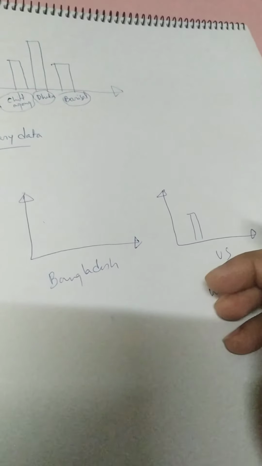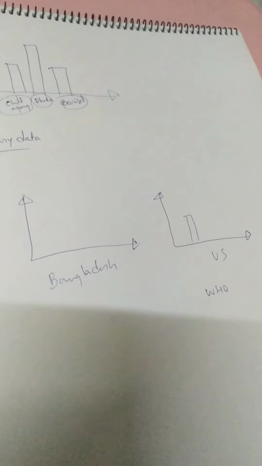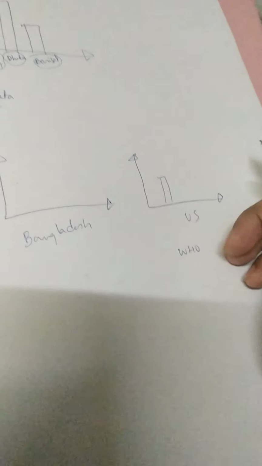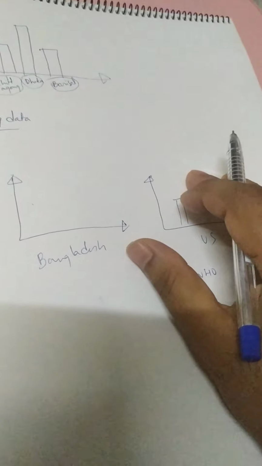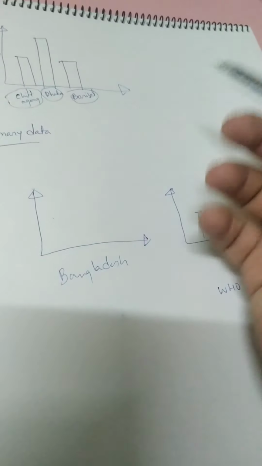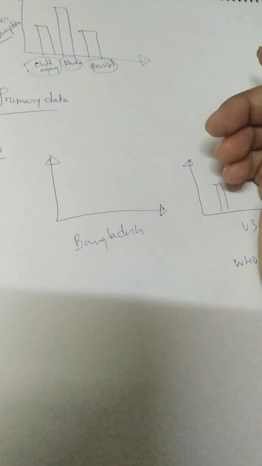So this type of data, where I'm collecting it from another source and not doing it by myself, is secondary data. And the data which I collect by myself through survey or research, those data are called what? Primary data.